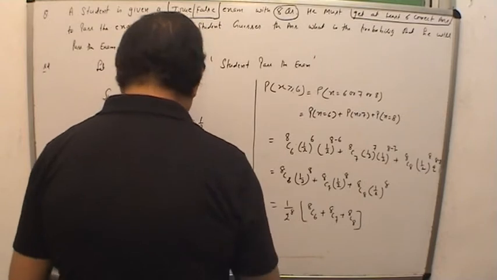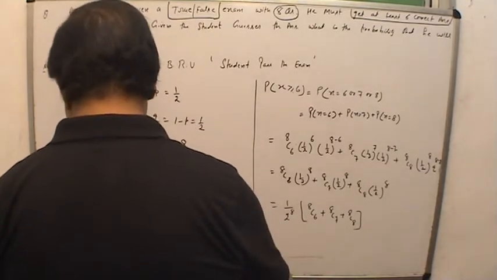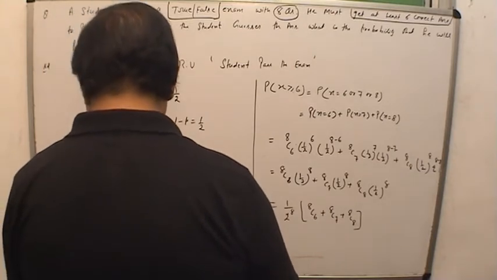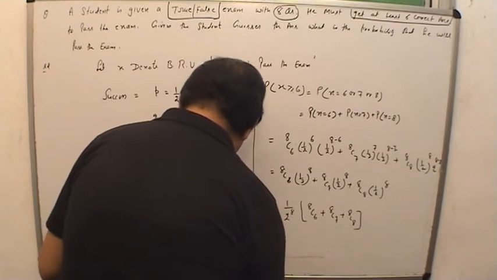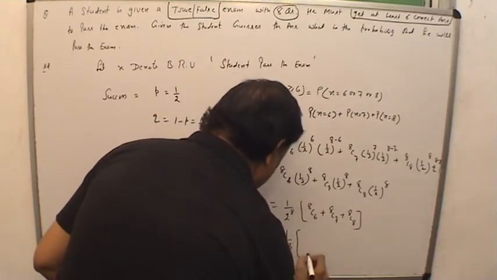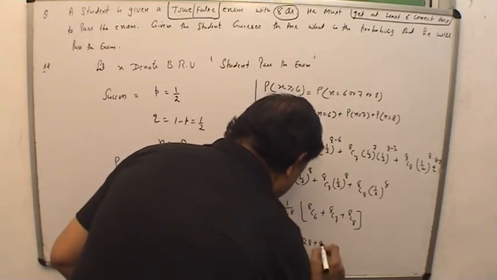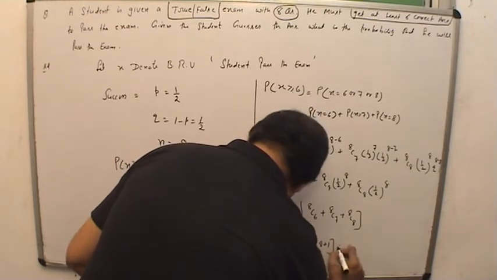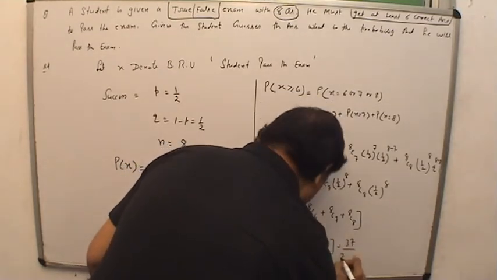That comes to be equal to 1 upon 2 raised to the power 8, that is, 1 upon 256. If we expand these combinations we get 28 plus 8 plus 1, and that is equal to 37 divided by 256.